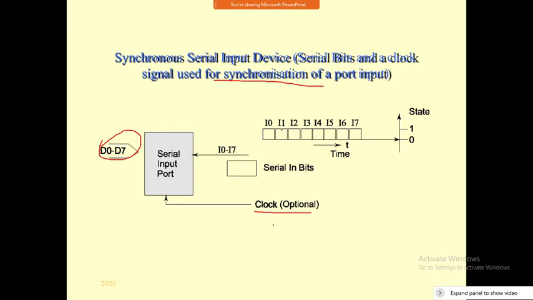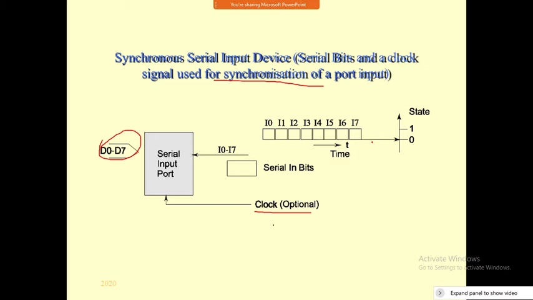Here these are the 8 bits input it is going to be giving each time, serial input bits. At a time it is going to send 8 bits, 0 to 7, total 8 bits.